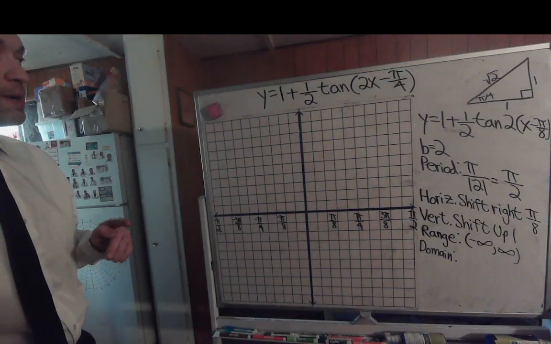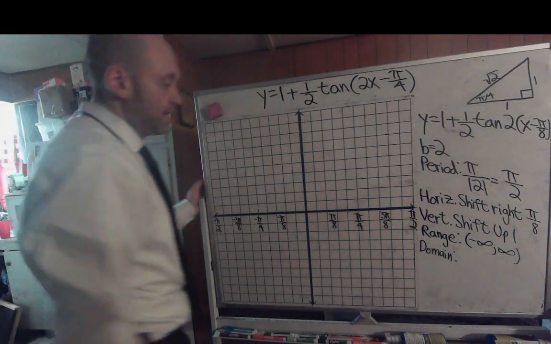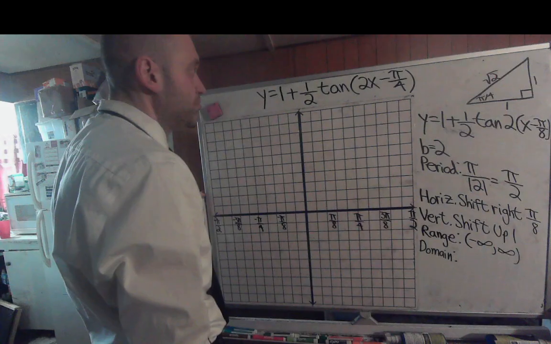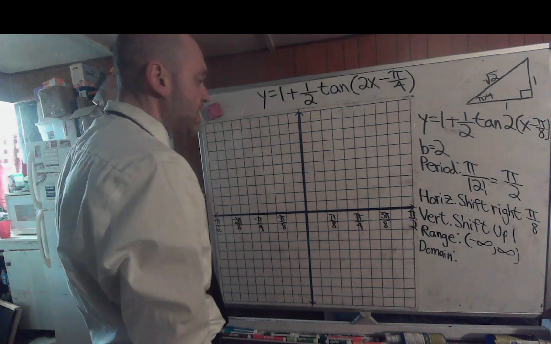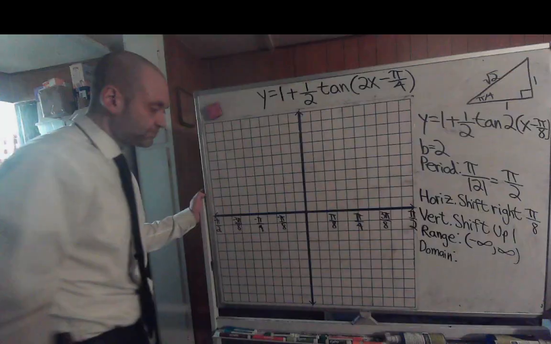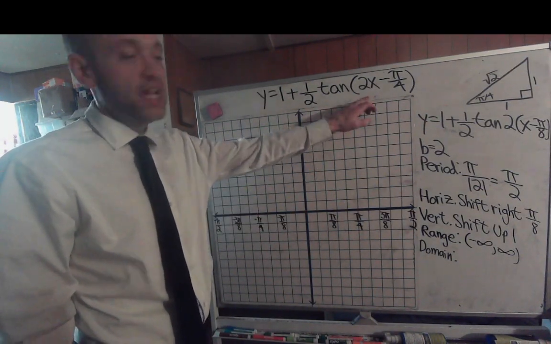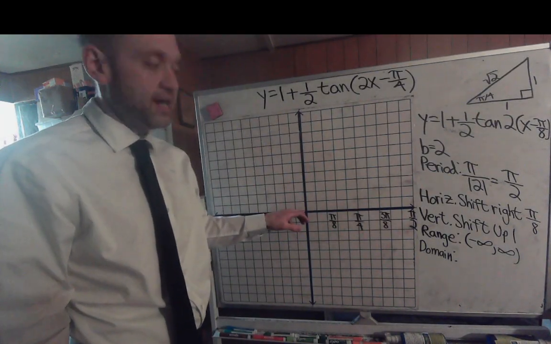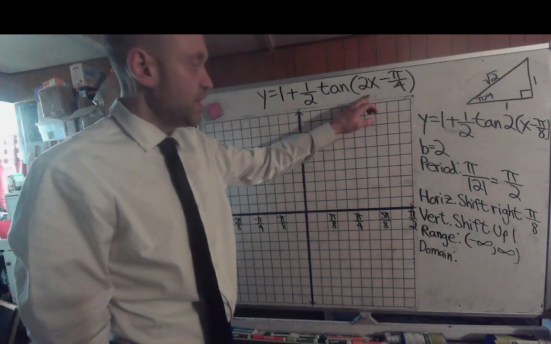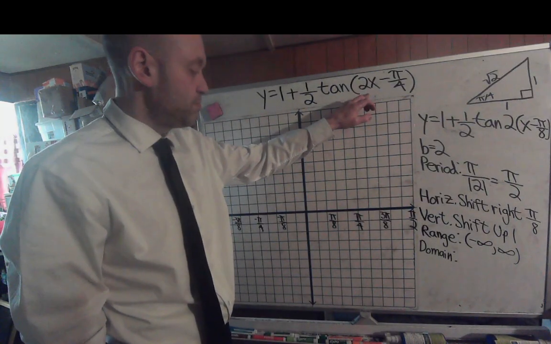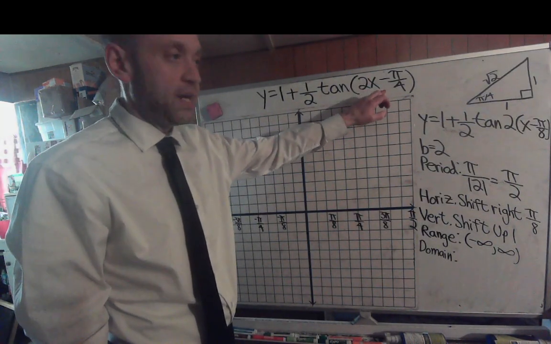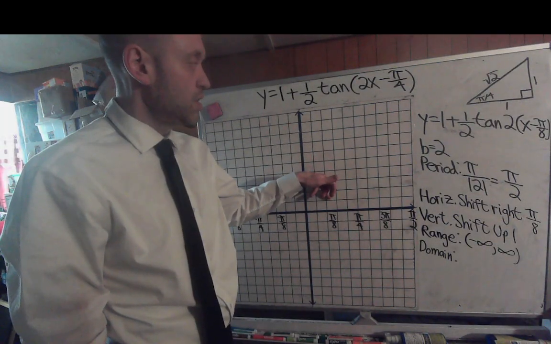So if, let's say, we put in 0, you would get the tangent of negative pi over 4. That's defined. Tangent of pi over 8, so you would get the tangent of pi over 4 minus pi over 4, that's 0.